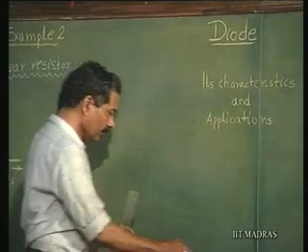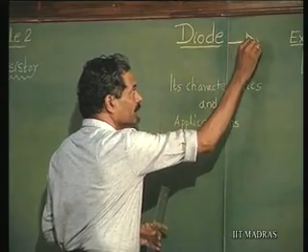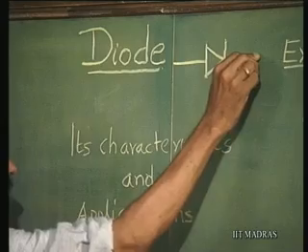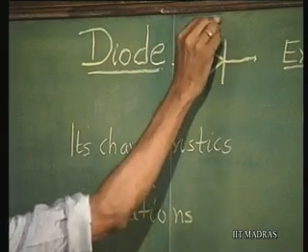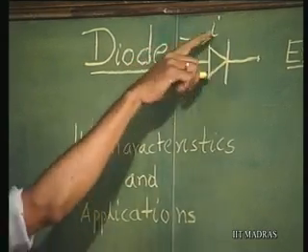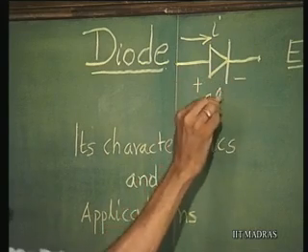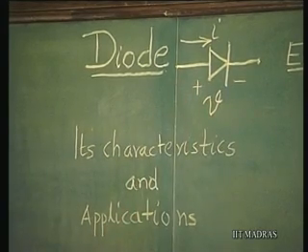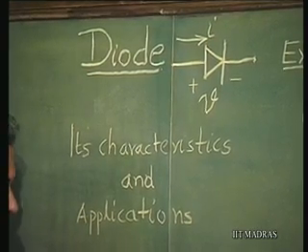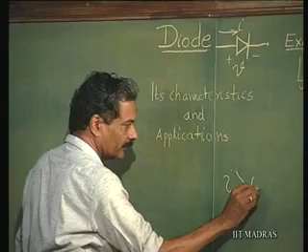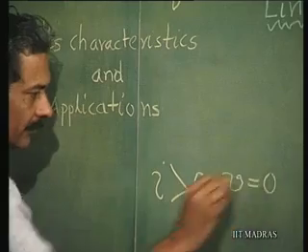The symbol for which we had already drawn earlier, which is nothing but this, and the current in the forward direction is I, the forward bias voltage here is called V. For this we set I greater than 0, V is equal to 0.